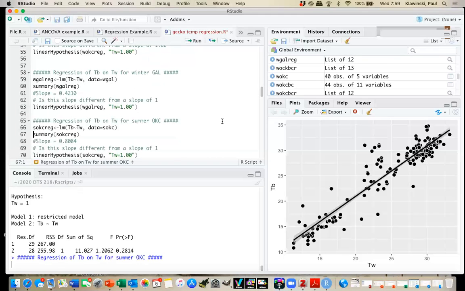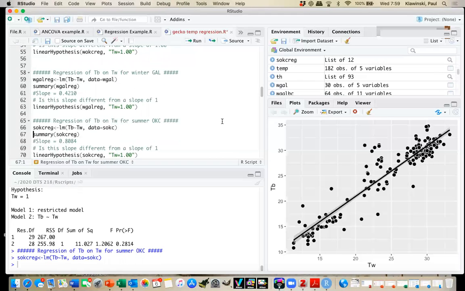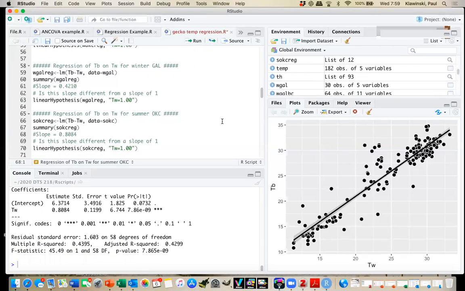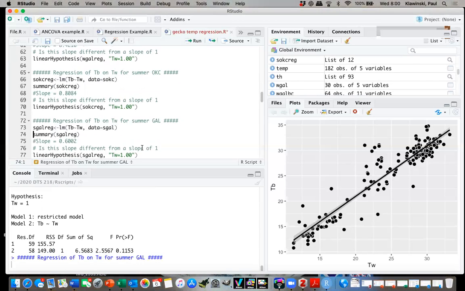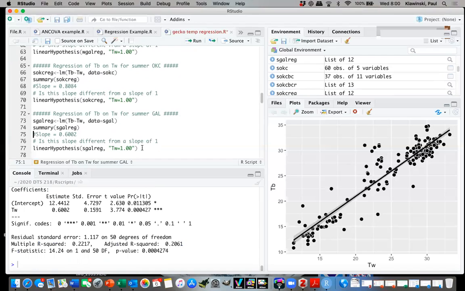So you can do the regression of body temperature on wall temperature for summer Oklahoma City. You find that that slope is higher, 0.8. And when you compare that to a slope of 1, you find that that slope is not different from a slope of 1. And here you find for summer Galveston a slope of 0.62.